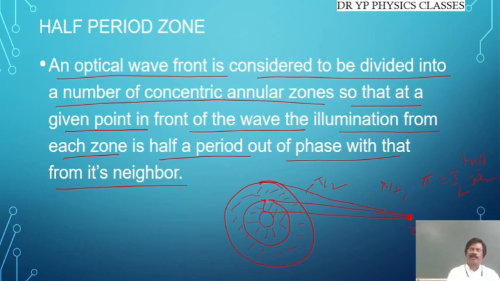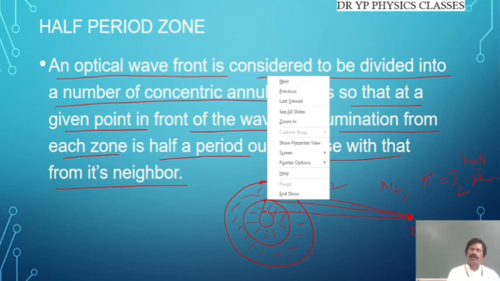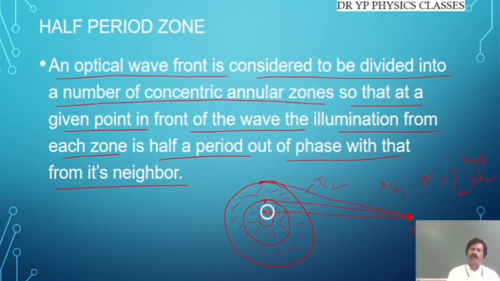So this is one zone, this is another zone. Similarly, for any number of zones you consider, illumination from this zone is half a period out of phase with that of this zone.